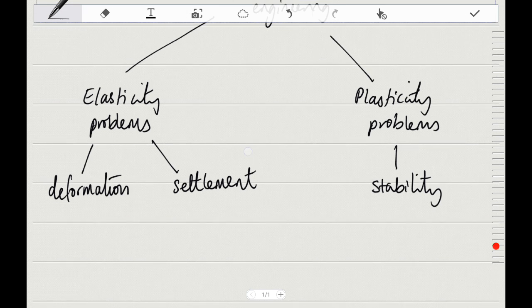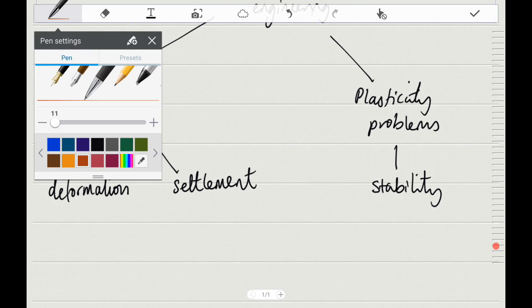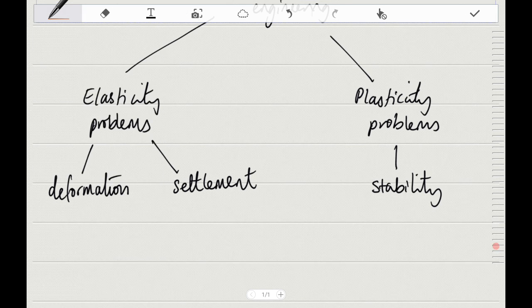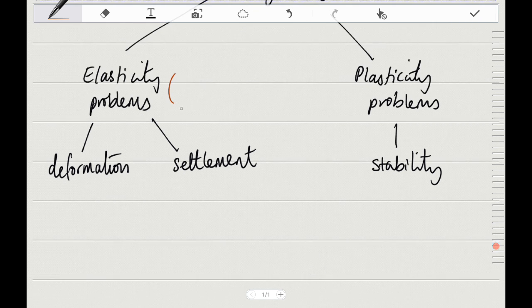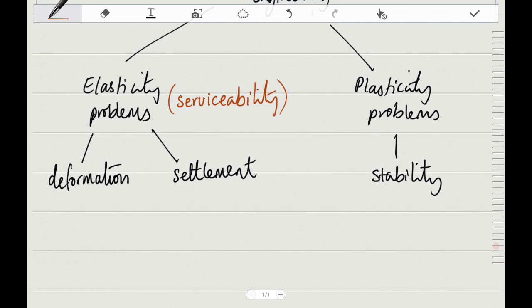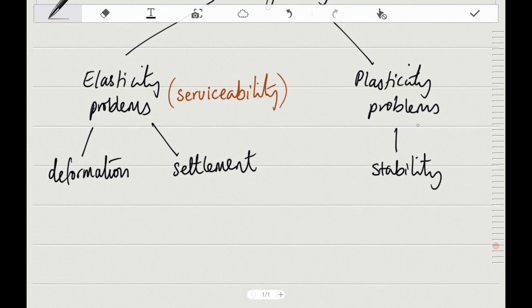So another way you can think of it, if we were to put it in terms of design philosophy, this is serviceability. And this is ultimate.